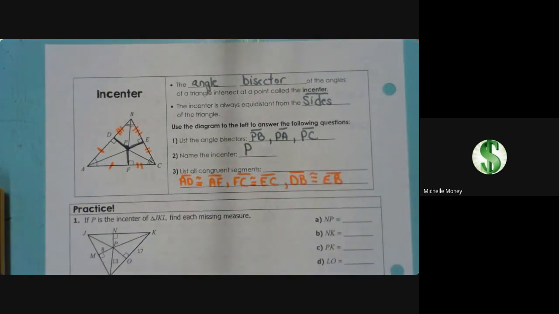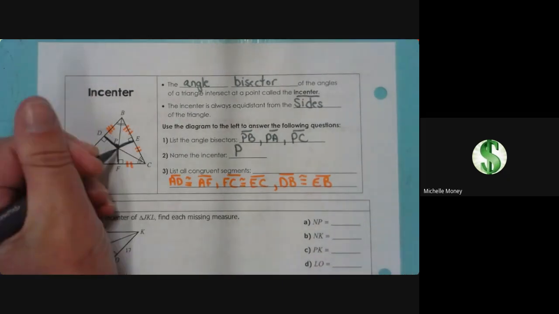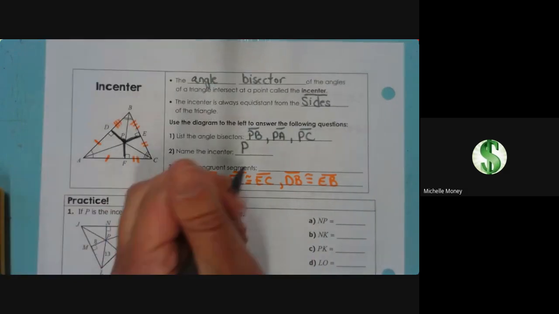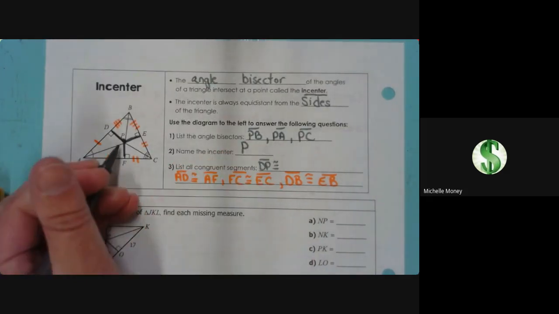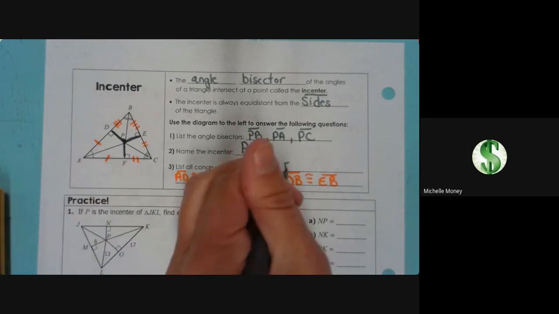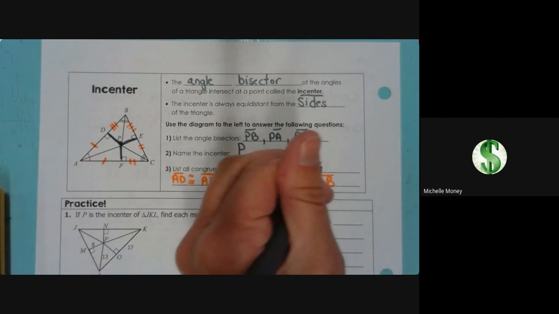All right, and then we also are going to have that little, I guess, kind of looks like a little pinwheel right here. We would have DP congruent to FP congruent to EP.